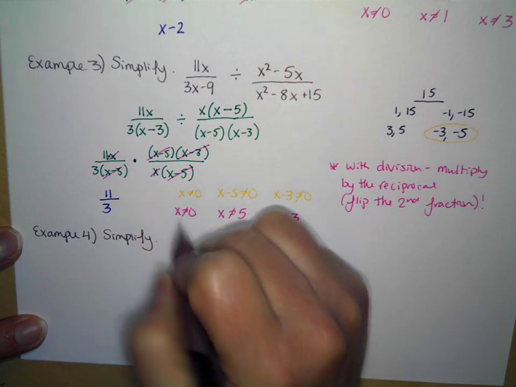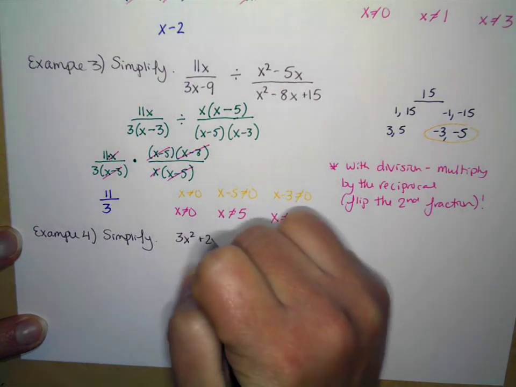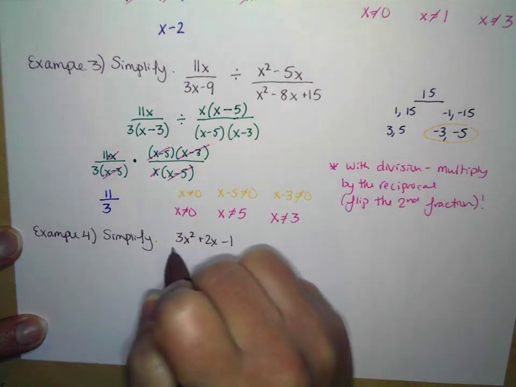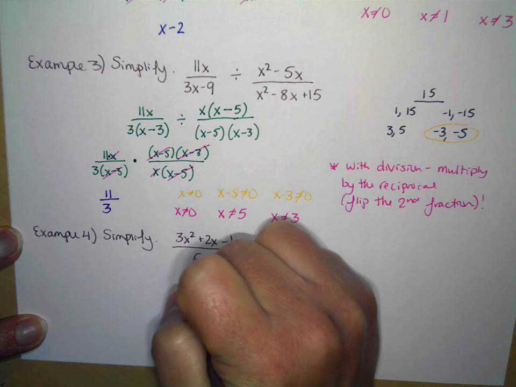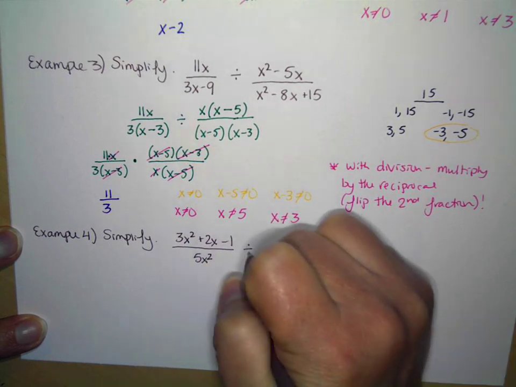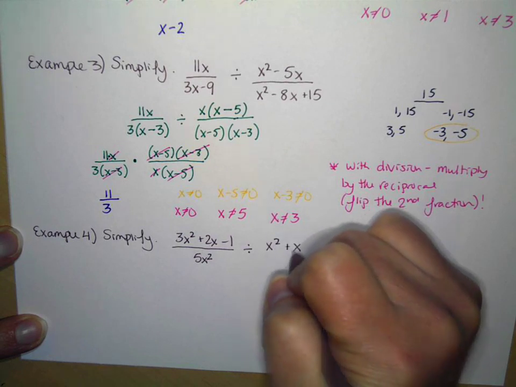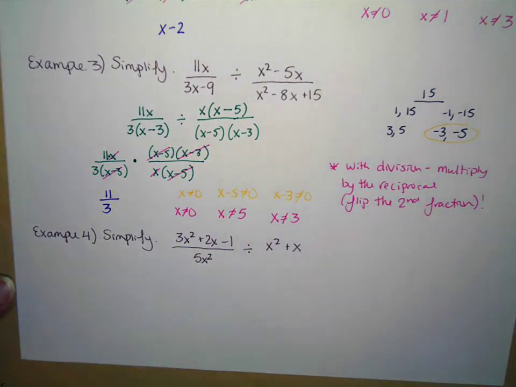Our first fraction is going to be 3x squared plus 2x minus 1 over 5x squared. And we're going to divide that by x squared plus x. So same 3 steps. We're going to start by factoring, then we'll simplify, then we'll identify our excluded values.